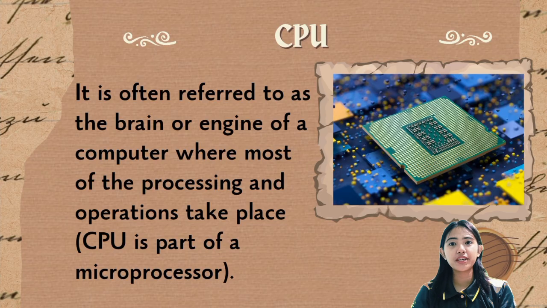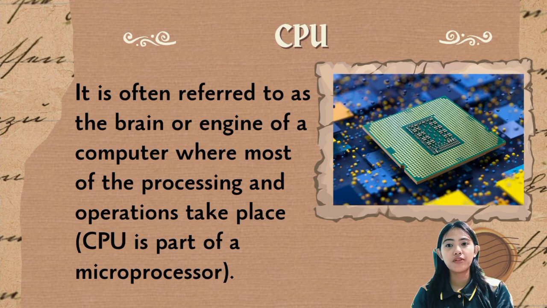It performs 4 key tasks: arithmetic, doing calculations like addition or subtraction; logic, making decisions like comparing numbers; control, telling other parts of the computer what to do; and input-output operations, managing data that goes in and out. In modern computers, the CPU is built into the microprocessor chip. That's why the microprocessor and CPU are often thought of as the same thing.